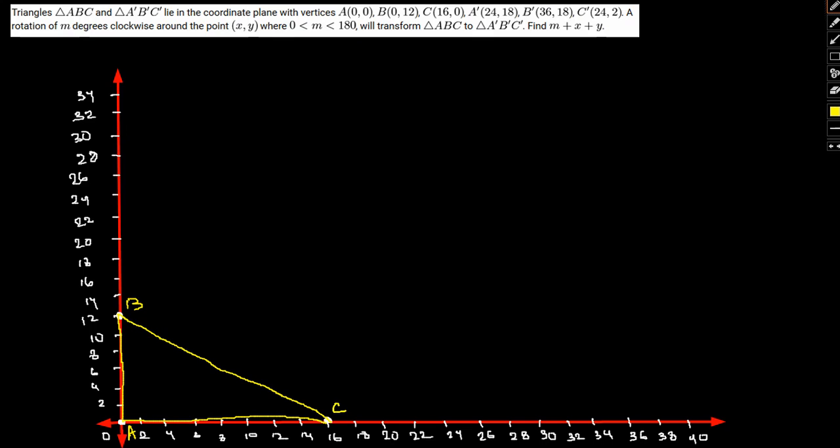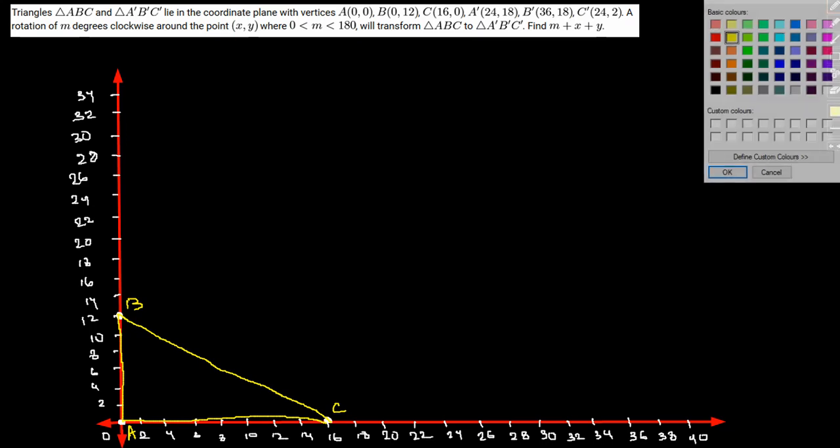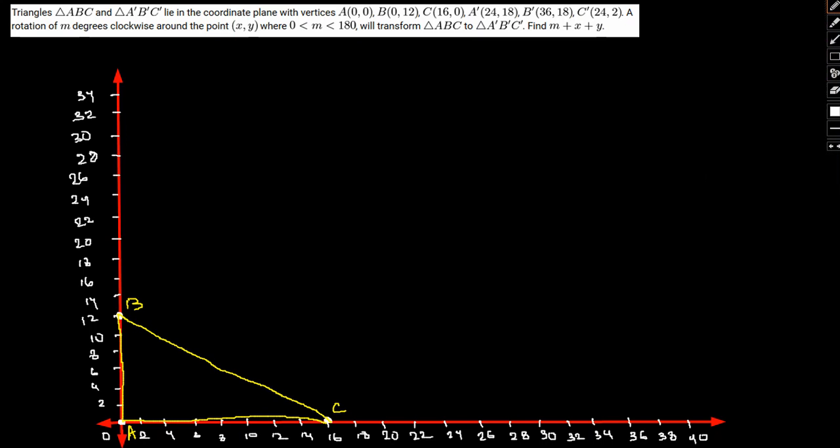Alright, so now let me mark out the points for A dash. A dash is 24, 18. So 24 is here, and 18 comes out to be somewhere here, so this is my A dash.